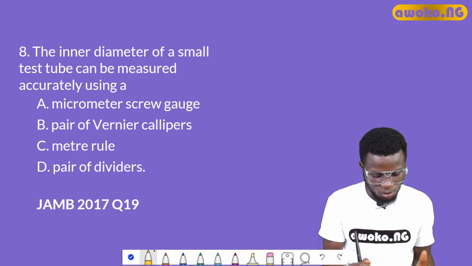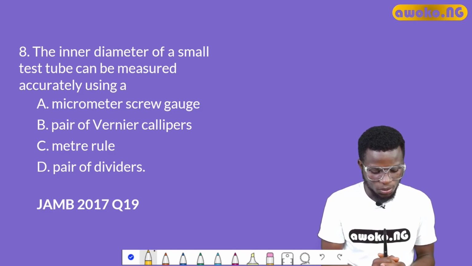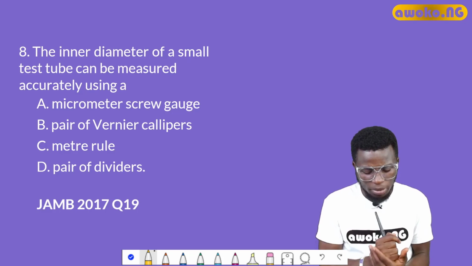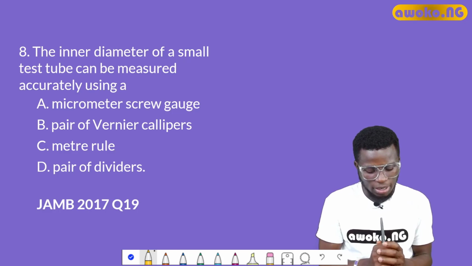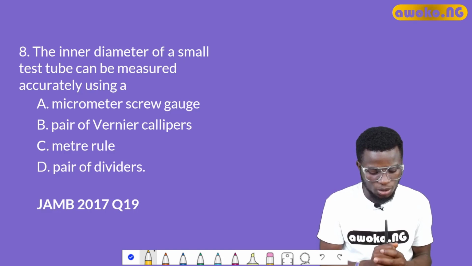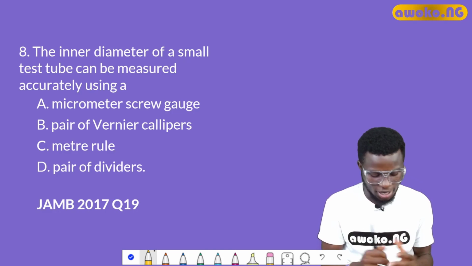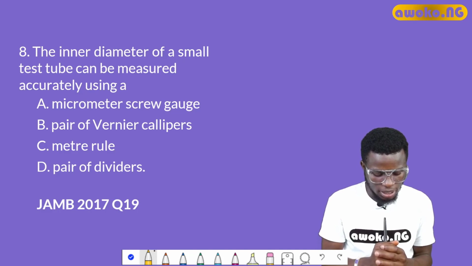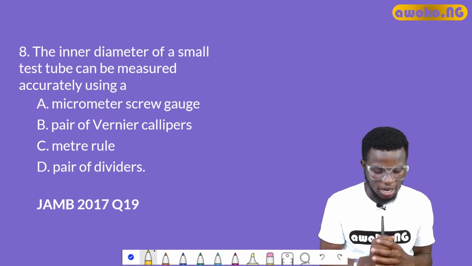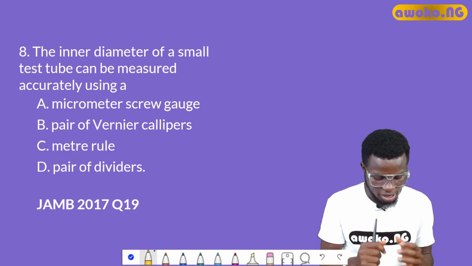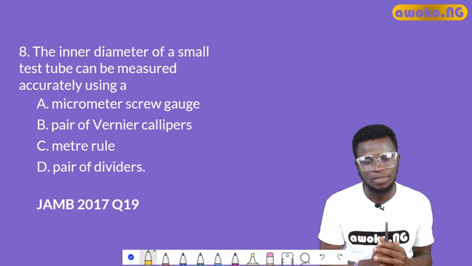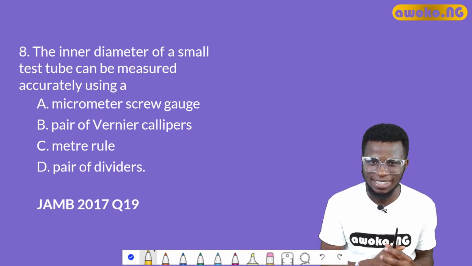Okay, the next one is: the internal diameter of a small test tube can be measured accurately using a dash. A, micrometer screw gauge, B, the pair of vernier calipers, C, meter rule, D, pair of dividers. This could be seen in JAMB 2017 question 19.